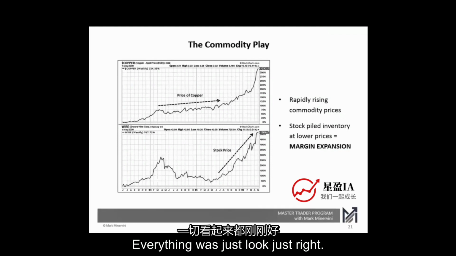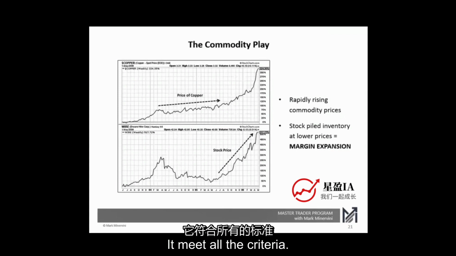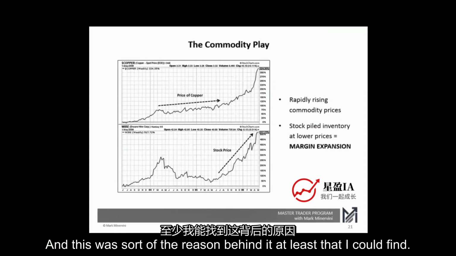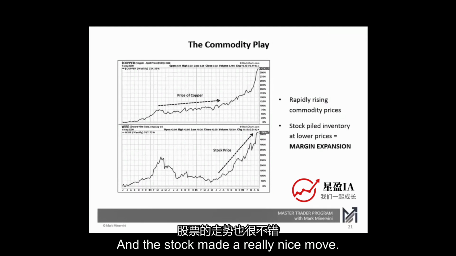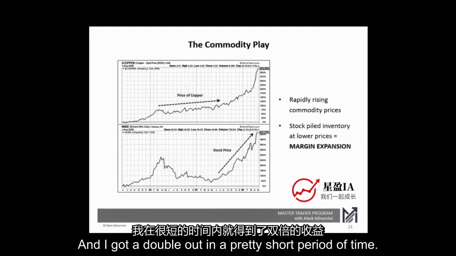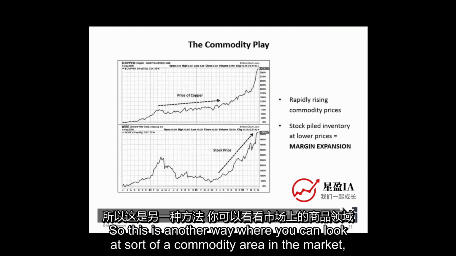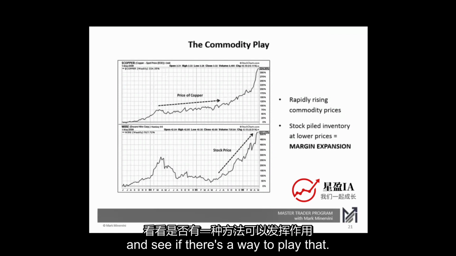Everything looked just right. It met all the criteria, and this was the reason behind it, at least that I could find. The stock made a really nice move, and I got a double out of it in a pretty short period of time. So this is another way you can look at a commodity area in the market and see if there's a way to play that.